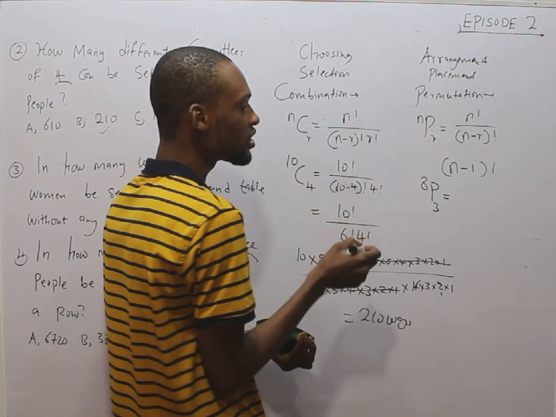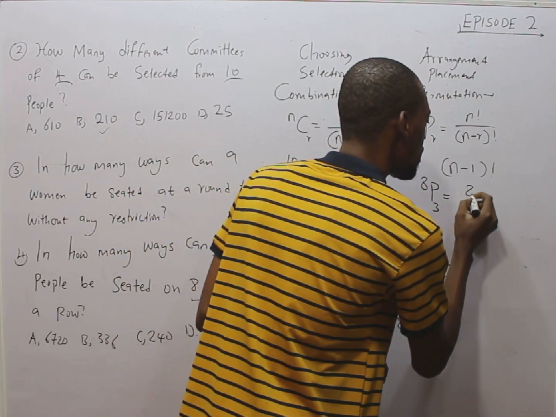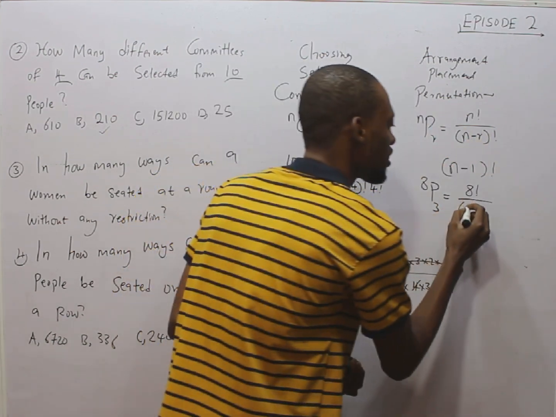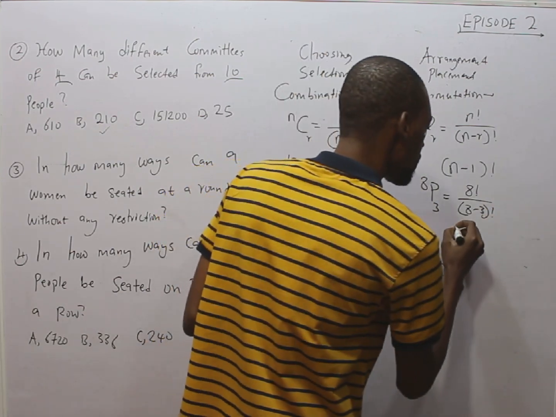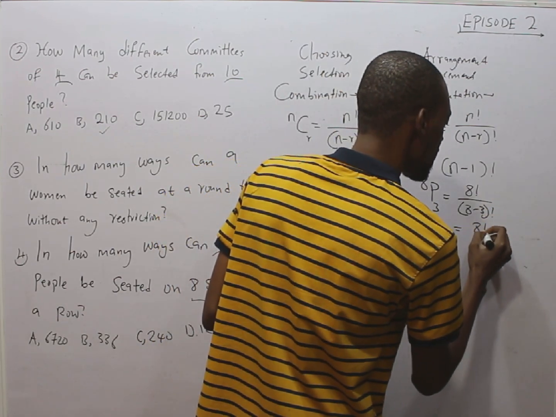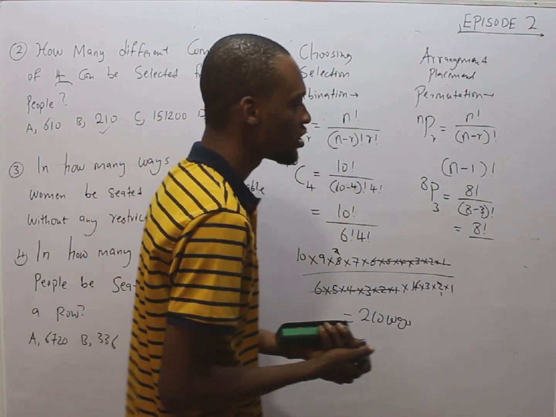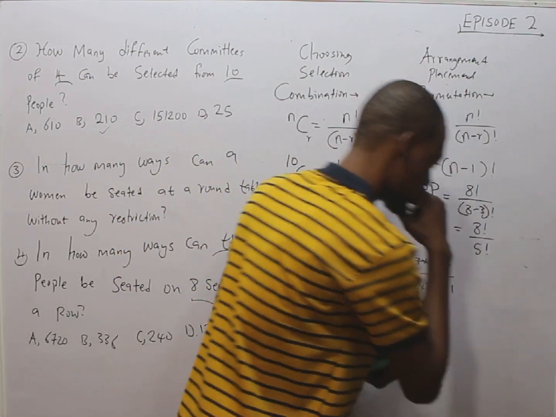And what is 8 permutation 3? It's simply n factorial, what is n? 8. 8 factorial over n minus r factorial, 8 minus 3 factorial. What is 8 minus 3? Is that 5? Yes. Over 5 factorial.